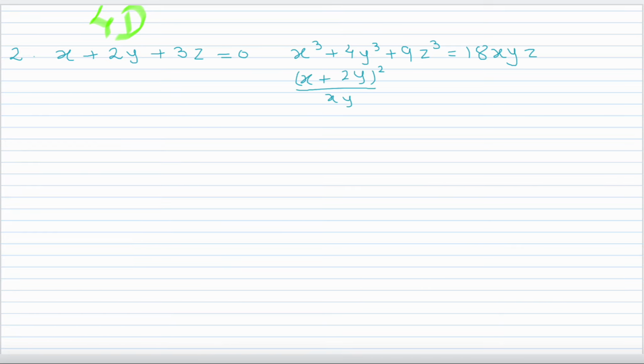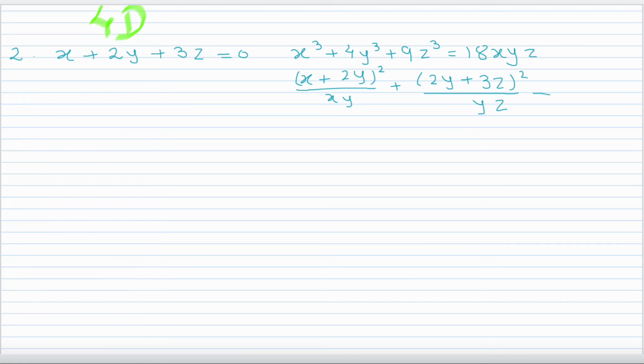So let's start 4d. Here I am going to solve question number 2. So in question number 2, what is given? x plus 2y plus 3z, this value is equal to 0, and then we have x cube plus 4y cube plus 9z cube is equal to 18, and we have to evaluate the value of this one.